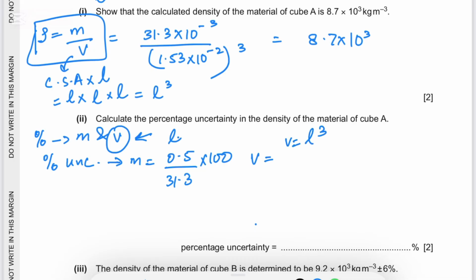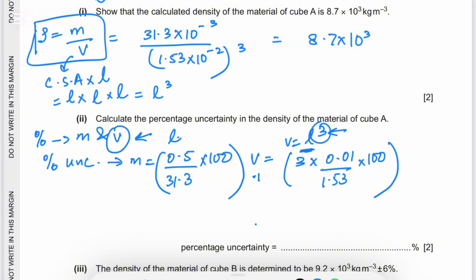That means you can find the percentage uncertainty of volume by finding the same value for length and multiplying that by the power that the length is raised to. So you would simply multiply 3 times 0.01 over 1.53 times 100. And then you would sum these two values to get your final answer, which is 3.6%, correct to two significant figures.